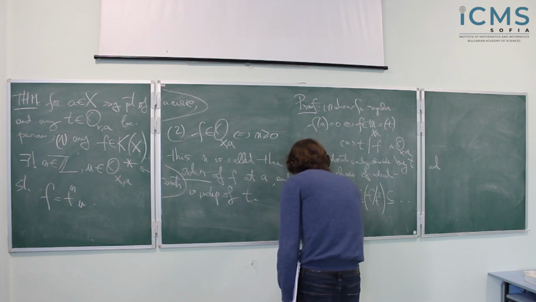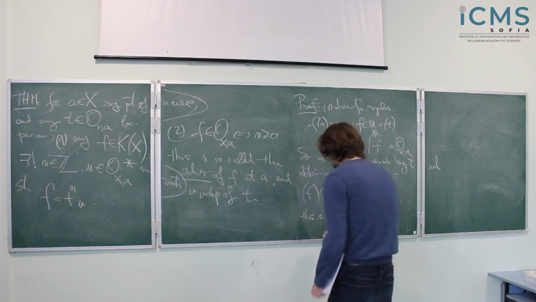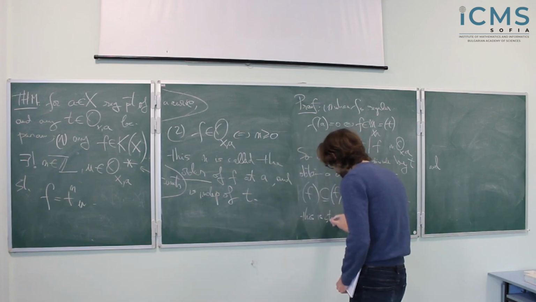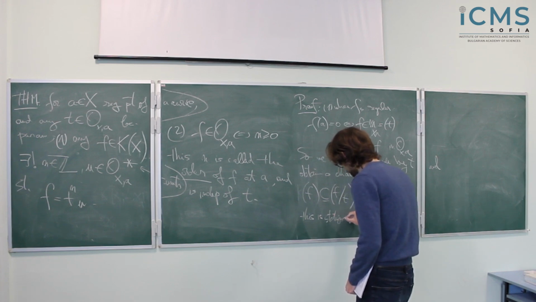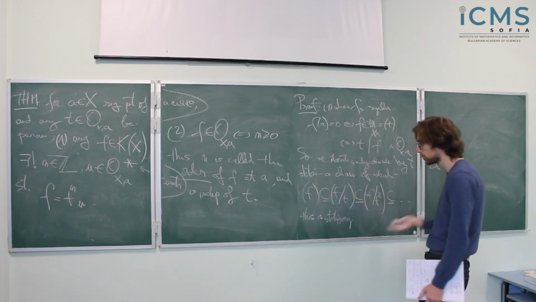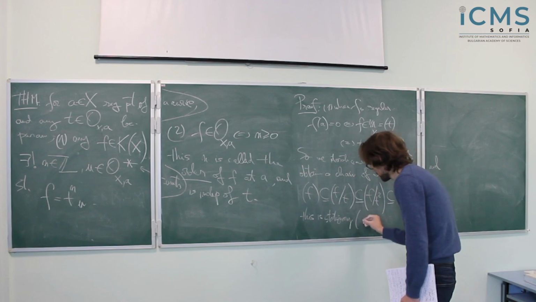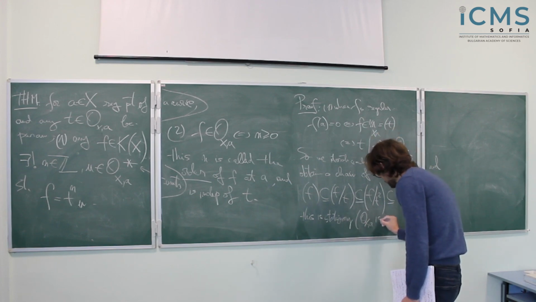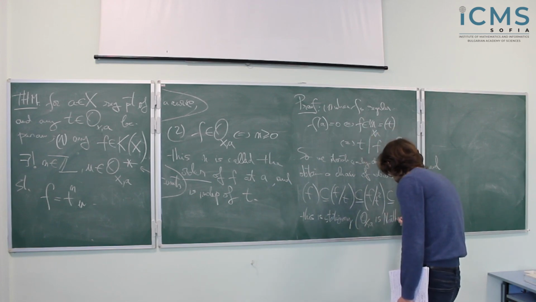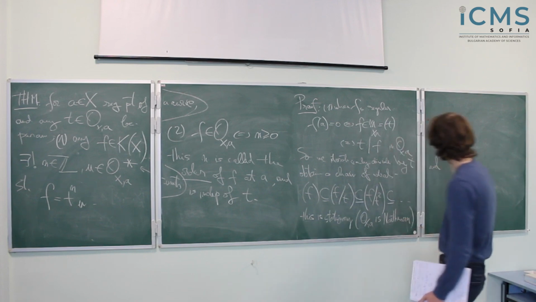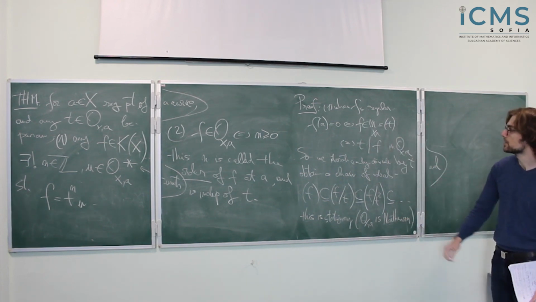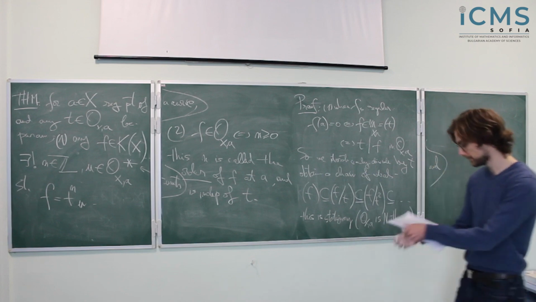So this is stationary, meaning that at some point we won't be able to divide by t, since O_{X,A} is Noetherian. Okay? So this proves the existence of n in the regular case.